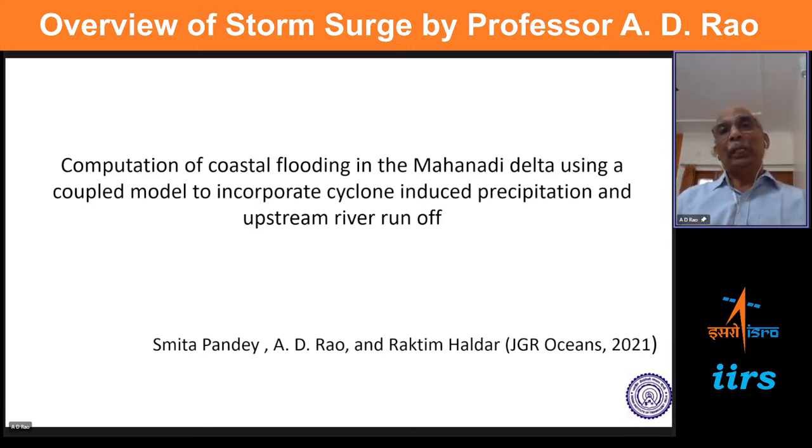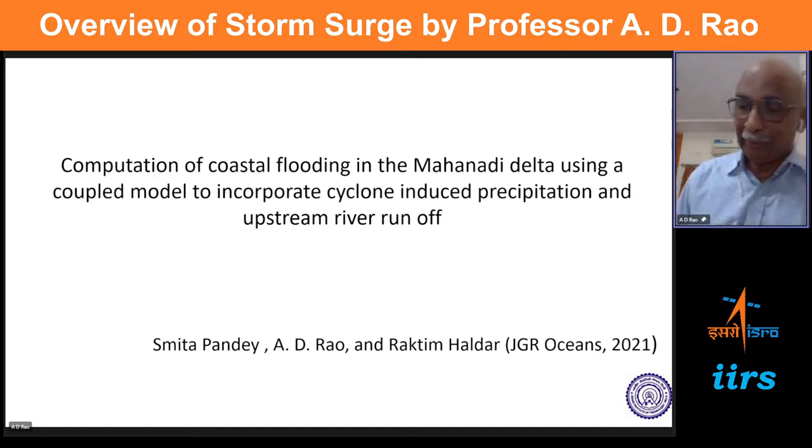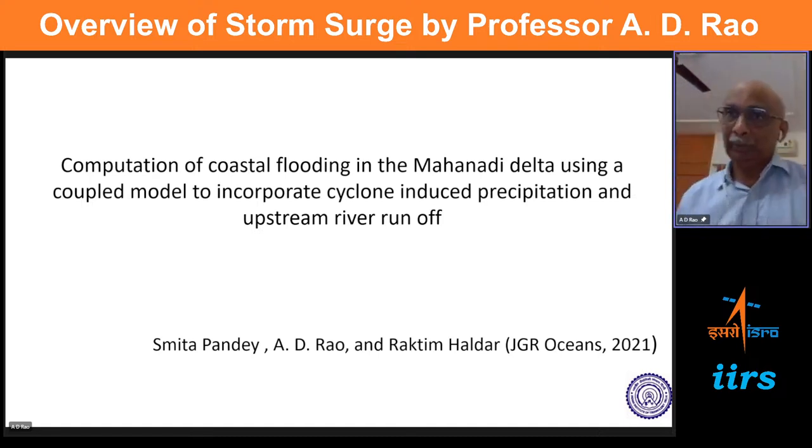River systems bring a lot of fresh water from the upstream end, so that will also bring a lot of river runoff, and from the seaside there is a storm surge. Combining all these things, you expect a more vulnerable situation.